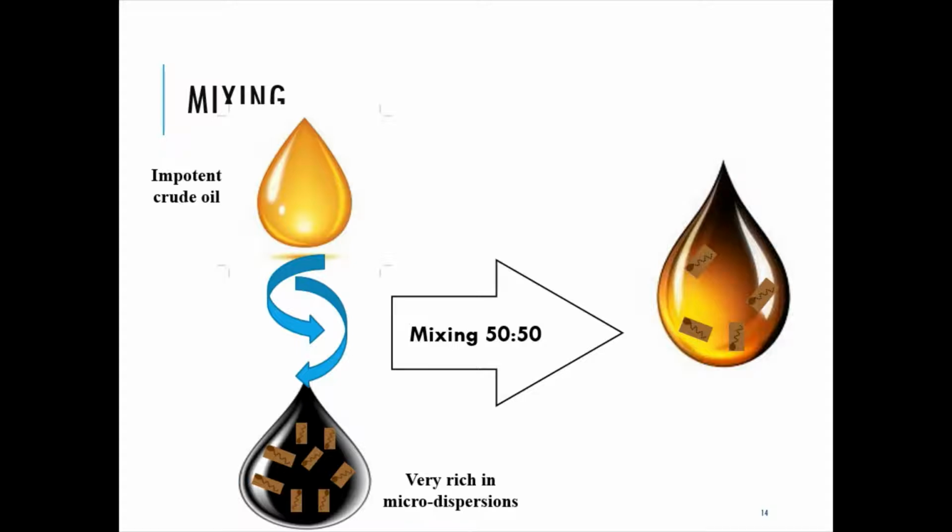We have an impotent crude oil, which showed negative response to low salinity water injection, and a very rich crude oil, which resulted in very high additional oil recovery. If we get something in between these two, it shows that the polar content of the crude oil is actually the determining factor for low salinity water injection.